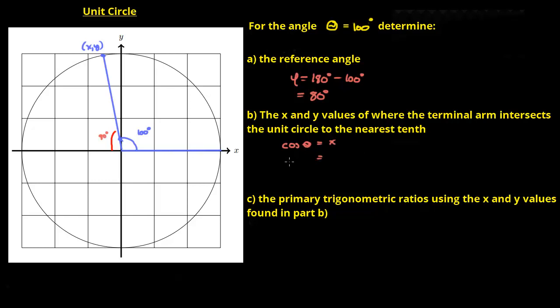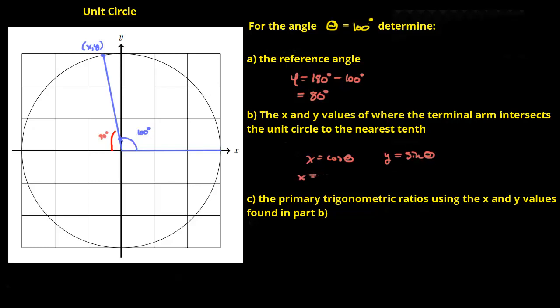If we want to figure out what the x value is, we can say that x is equal to cosine of theta, and that's from the symmetric property of equality. So x is equal to cosine of theta, and likewise the y value will be equal to the sine of theta.